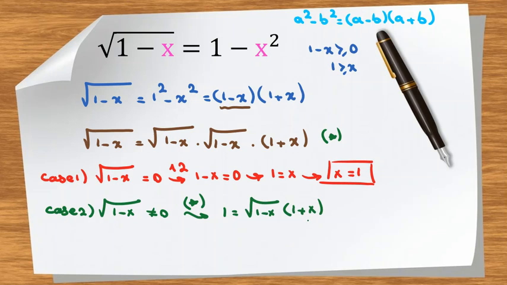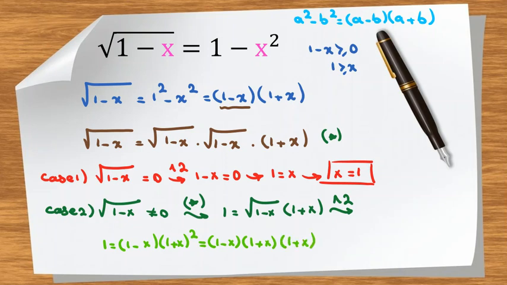Now we raise both sides to the power of 2. Also, you could raise both sides to the power of 2 from the beginning, and it was okay. So 1 equals 1 minus x times 1 plus x squared, and we can write it as 1 minus x, 1 plus x, 1 plus x.